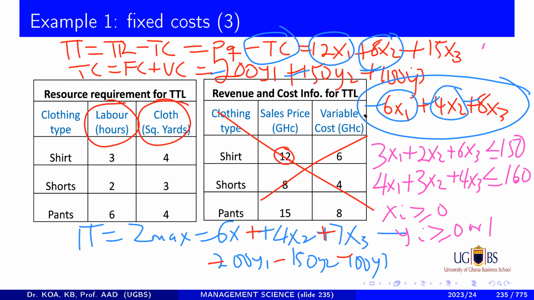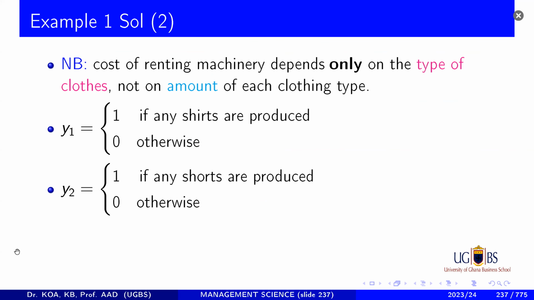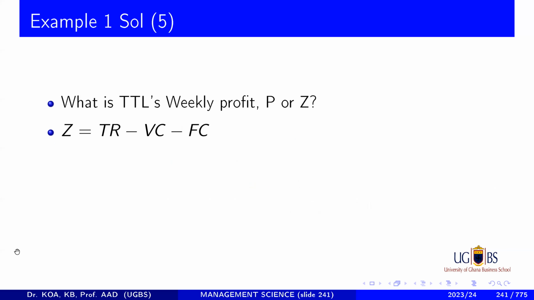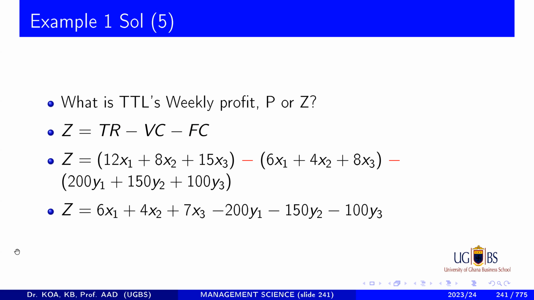Okay. Now let me show you something. Let me show you everything that we've done. No, can you come again with what you just said? I didn't get you. What I said is that as long as you incur the cost for the machinery, once you get that machinery, it means that you're going to produce that type of clothing.